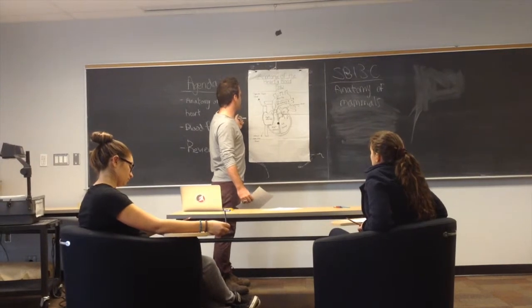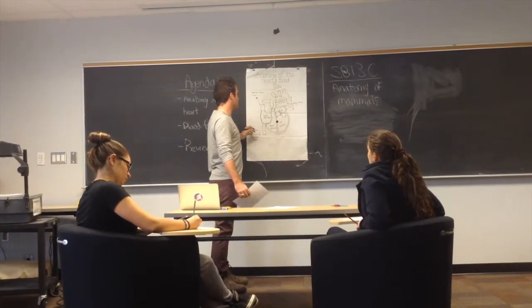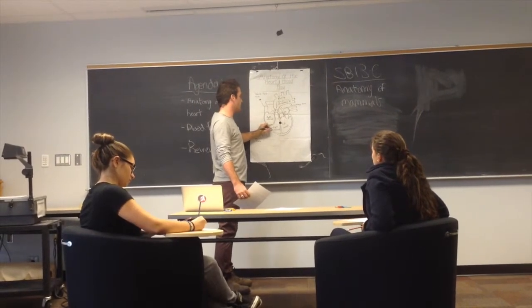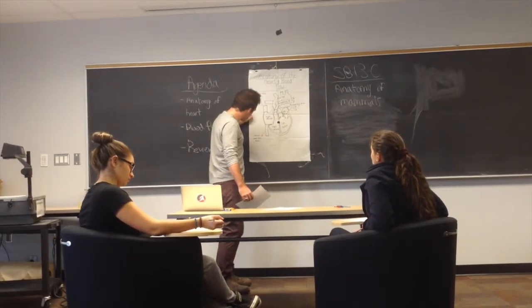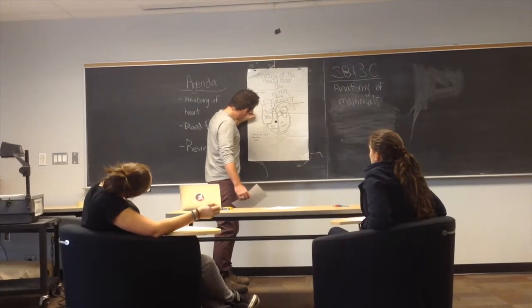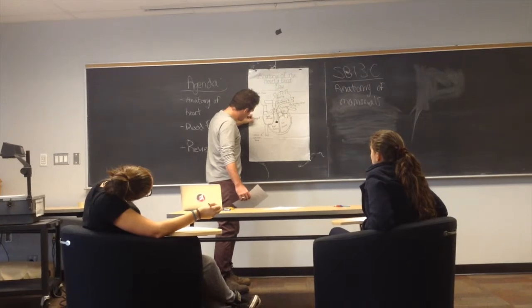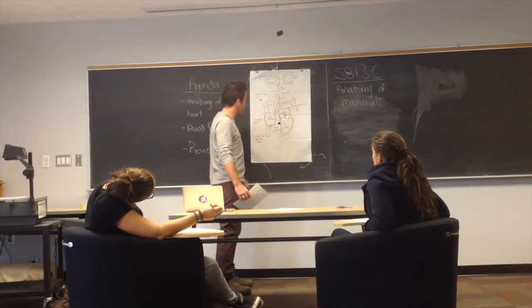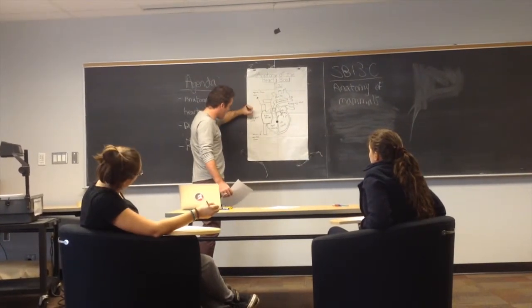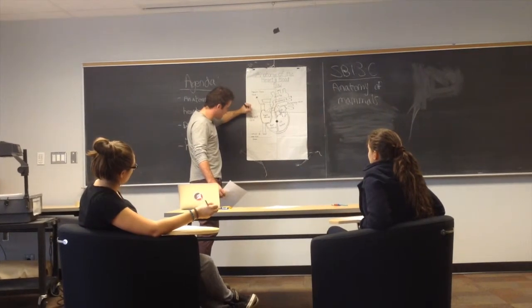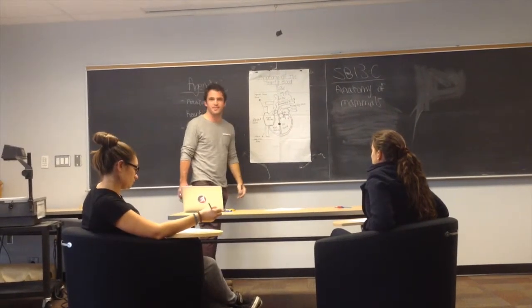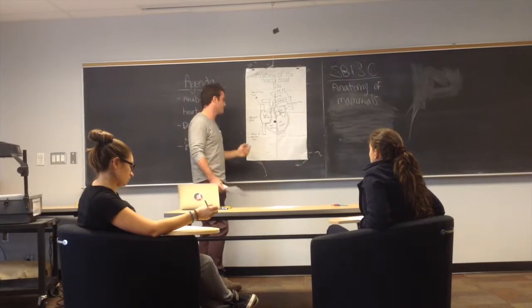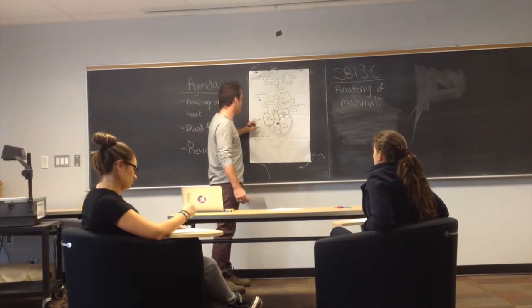And last but not least, we're going to discuss the valves of the heart. So between the right atrium and the right ventricle is something called the tricuspid valve. And a way I remember that is the RI of tricuspid coincides with the RI of the right side of the heart. Just a simple, easy way.